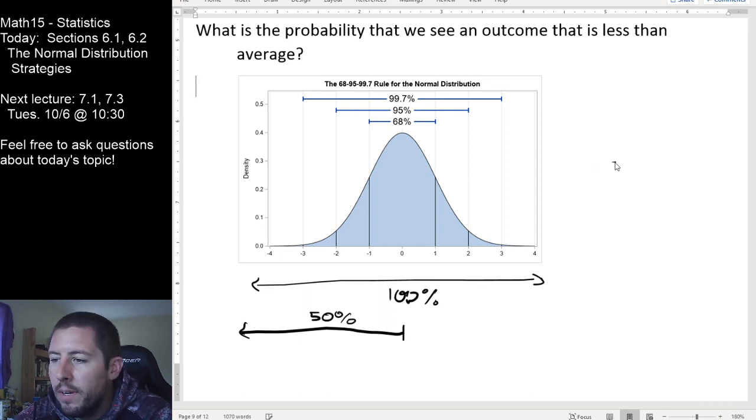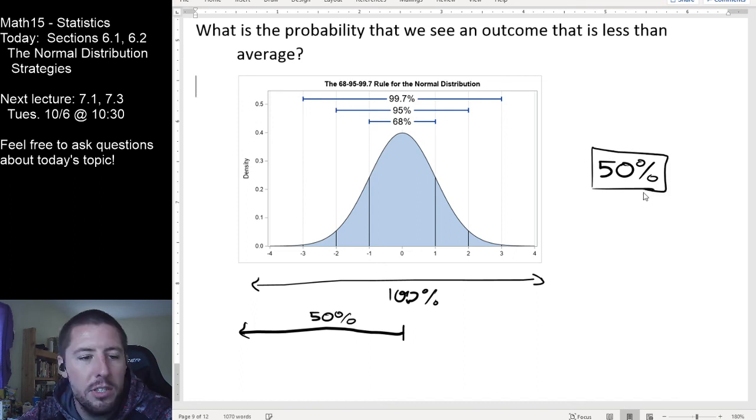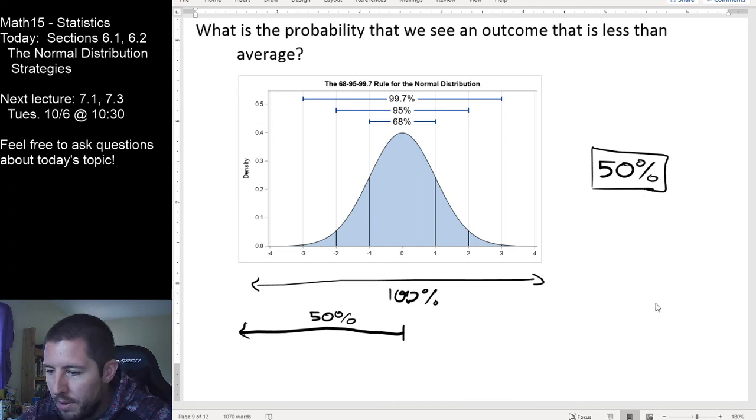And now, hopefully, this is not a surprising answer to you whatsoever. If a variable is symmetrically distributed, as the normal distribution is, then it should always be that half of our observations are above average and half of our observations are below average. Notice that this is different if we're in a non-symmetric distribution. Remember that when we looked at home prices, these are not symmetrically distributed.